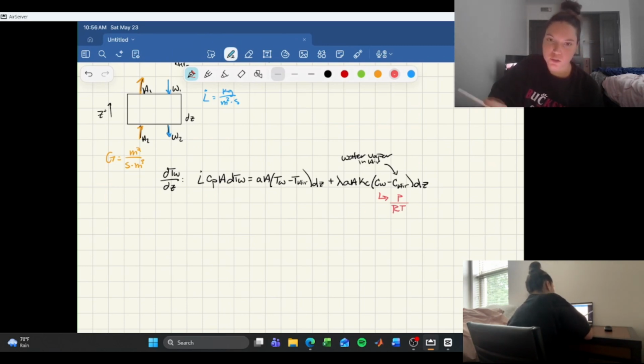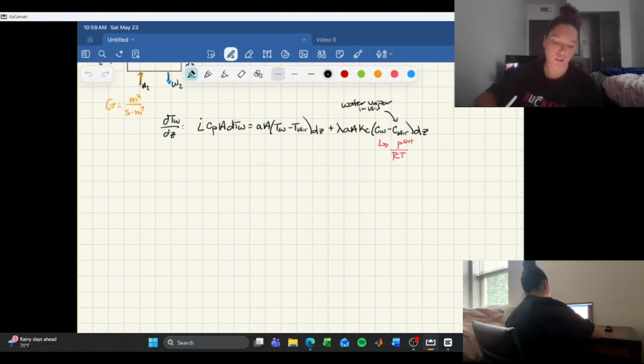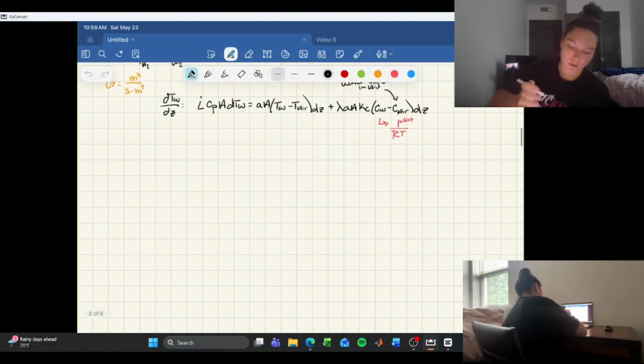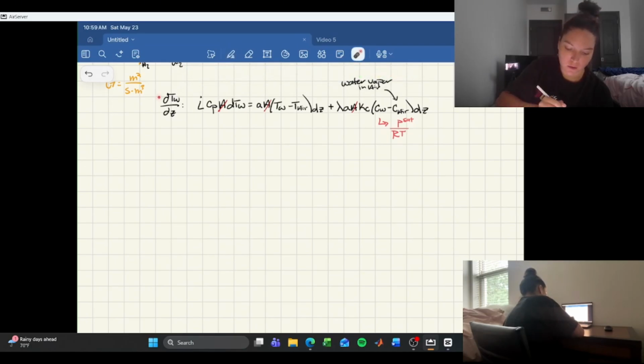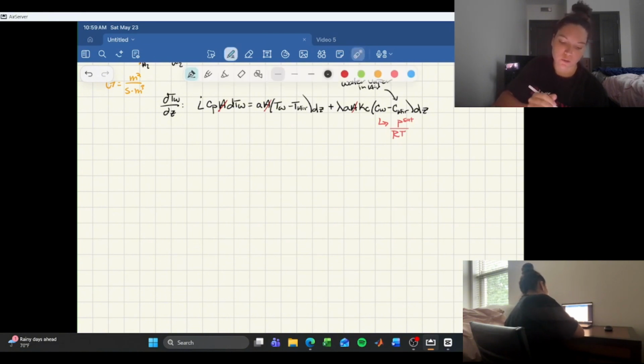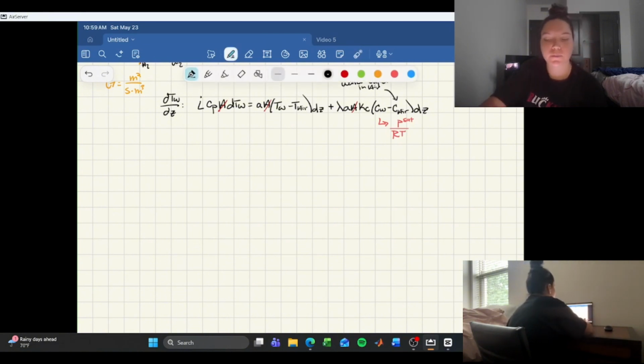And because this is the concentration of water, this is going to be the saturated pressure that we can solve for using Antoine's equation. So now we can simplify this where the areas cancel. And then we also want to get this term here where it's all equal to the change in the temperature of the water with respect to position.